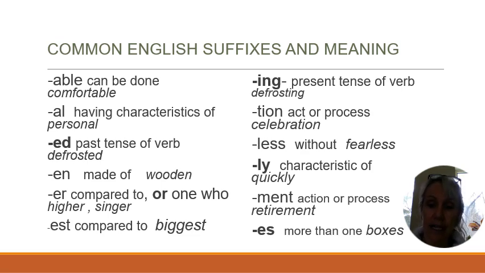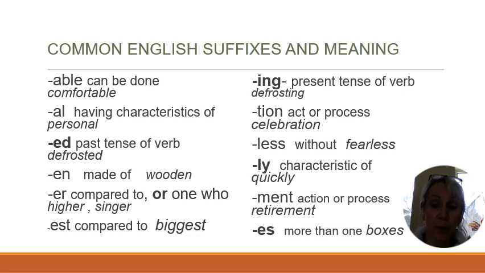Ing, present tense of a verb. So we used ing in our defrost example. For defrosting, I am defrosting the freezer now. Ing. Ion, which comes in many different spelling forms, I'm just giving the one now, T-I-O-N, means act or process.